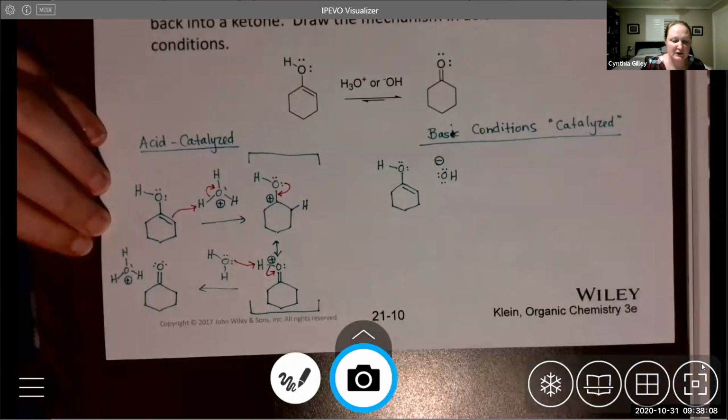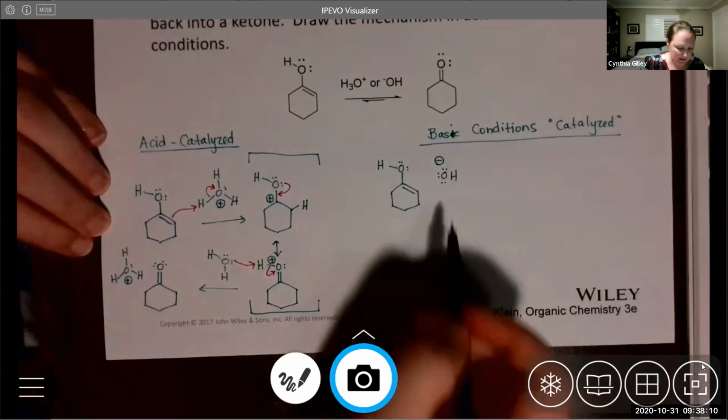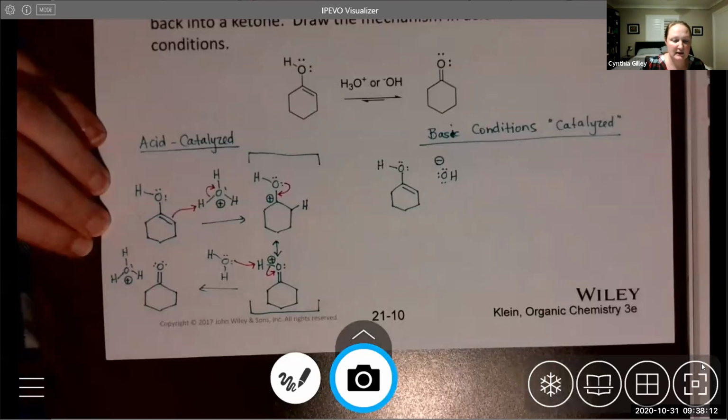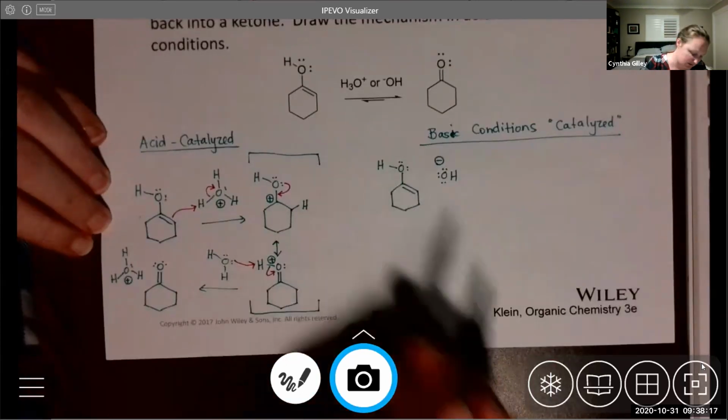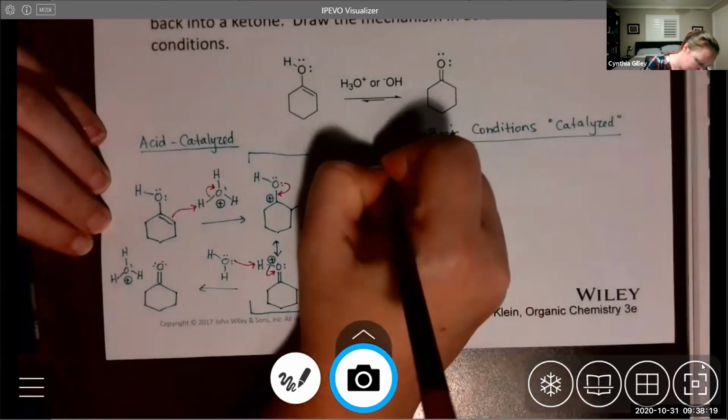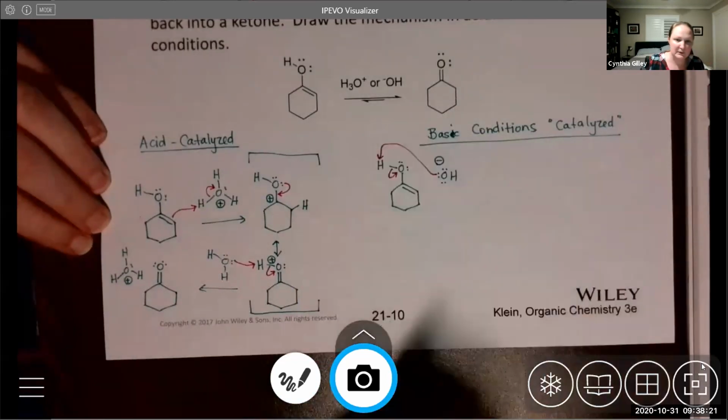With reaction with a base, it's likely that the base will deprotonate our substrate. The most acidic hydrogen is the one attached to the oxygen, so it's very likely that the base will remove that proton.